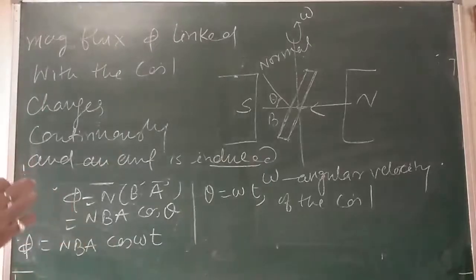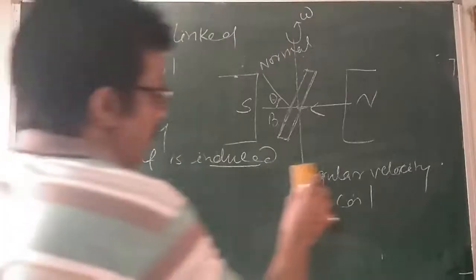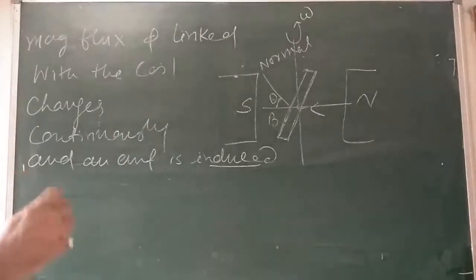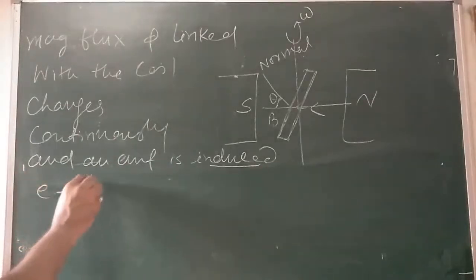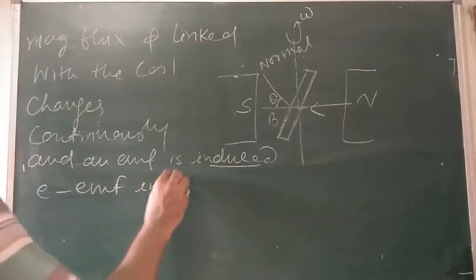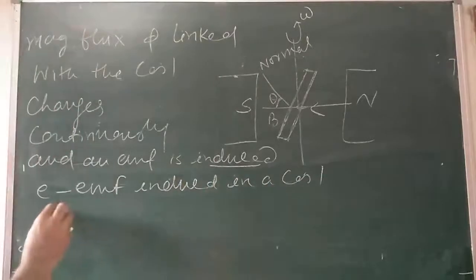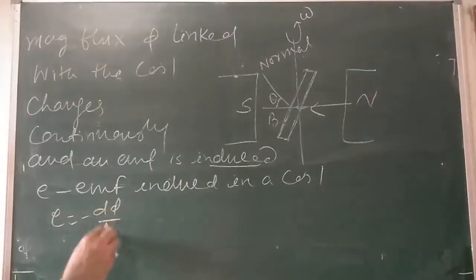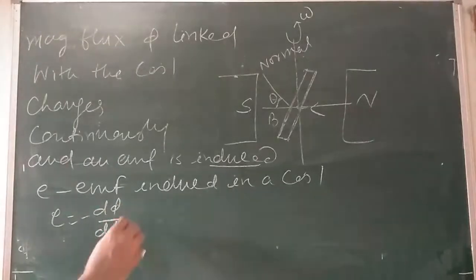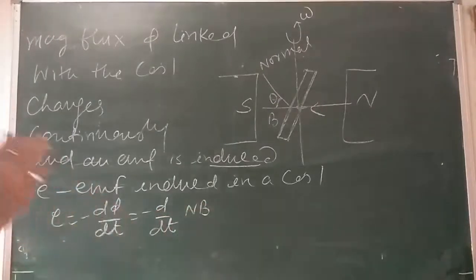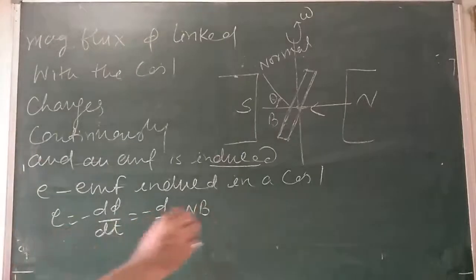What is our formula? According to Lenz's law, at any instant, if E is the EMF induced in the coil, then I can write E is equal to minus d phi by dt. Put the value of phi, that is NBA cos omega t.